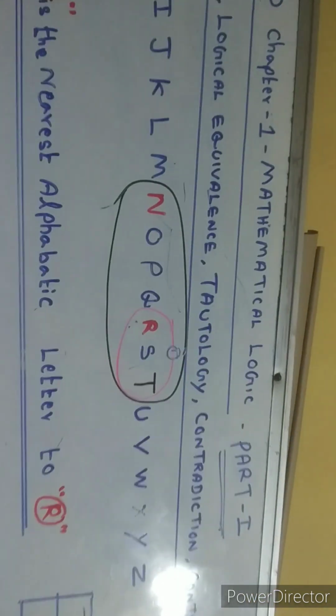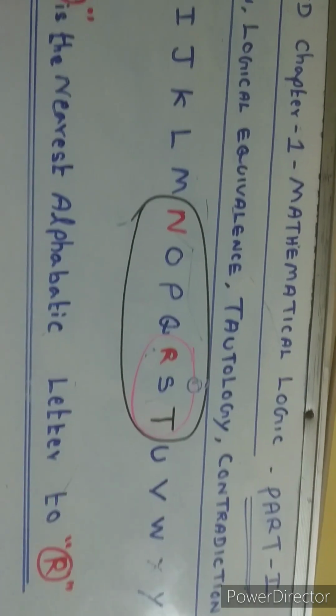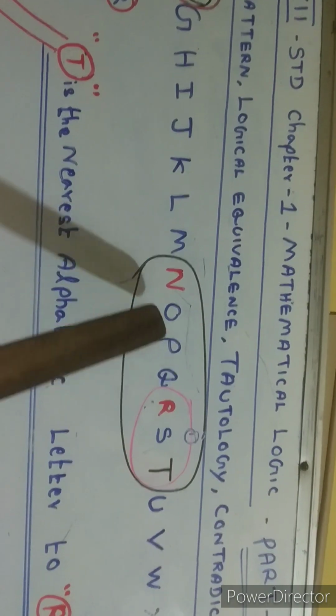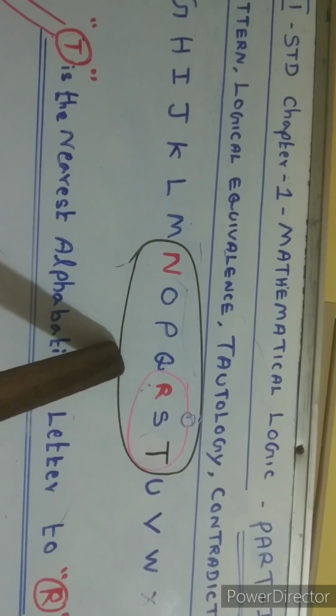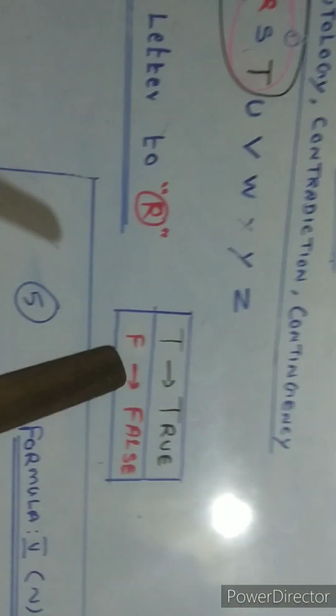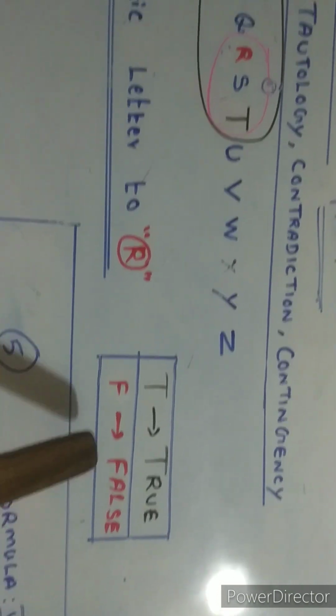Now we have C, T and R. Here N and R are the nearest alphabetic letters to T. First of all, T means true and F means false.